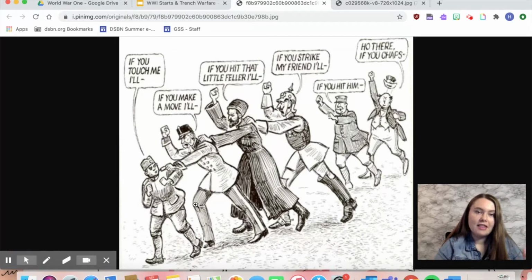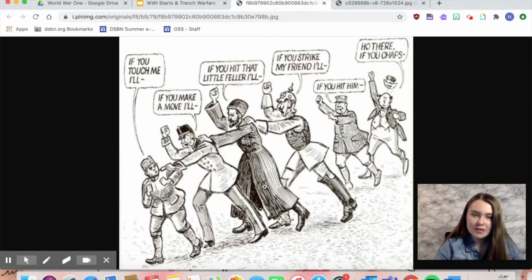Then we have someone who's a little taller. So try to think of maybe what the size has to do with the nations. And this is representing the Austria-Hungary country as well. Now if we look at the text here, it says, "If you touch me, I'll..." "If you make a move, I'll..." So they're commenting back to one another. They have clenched fists.